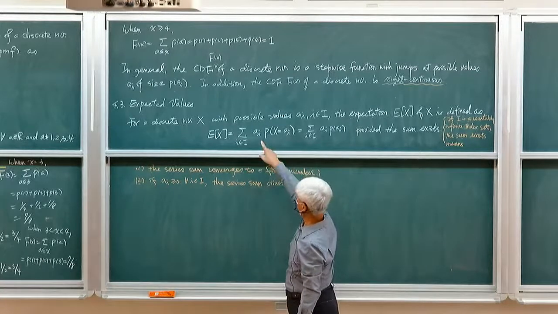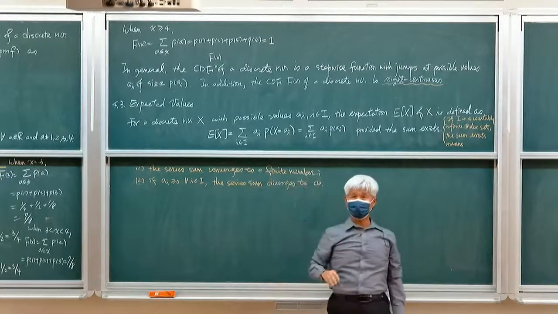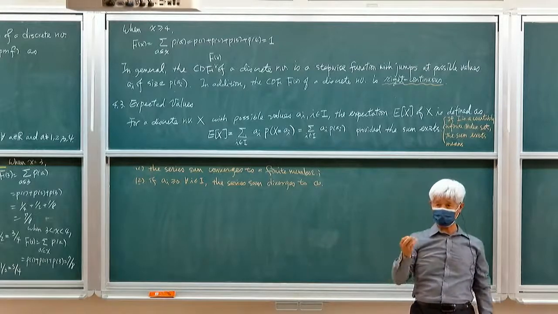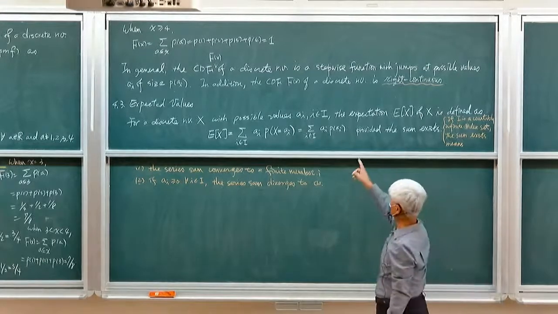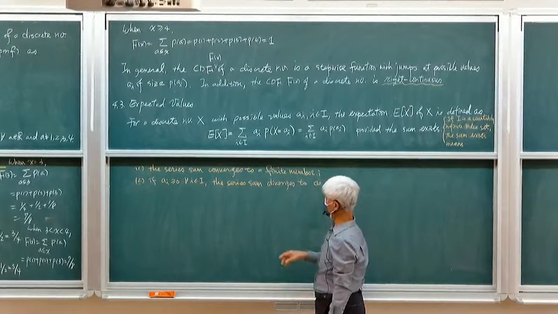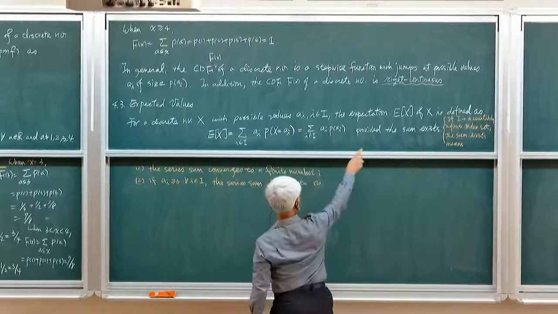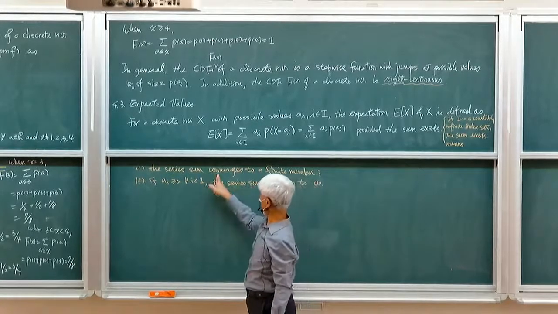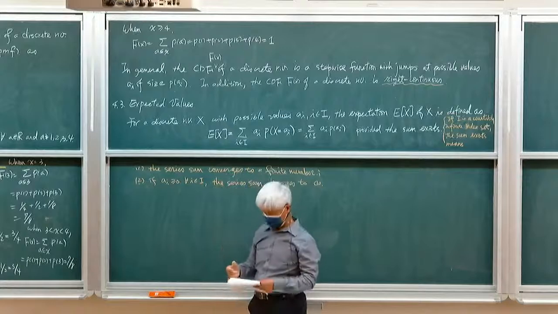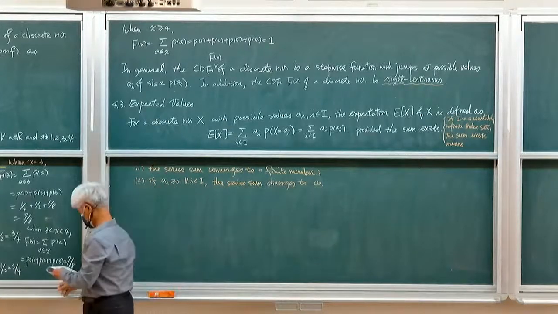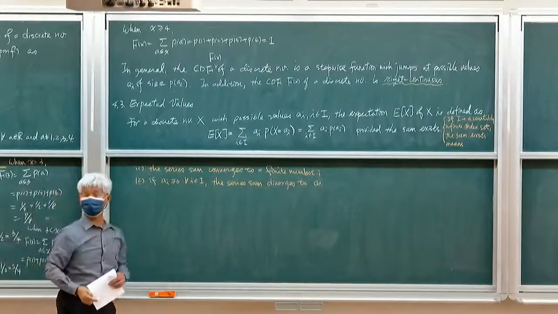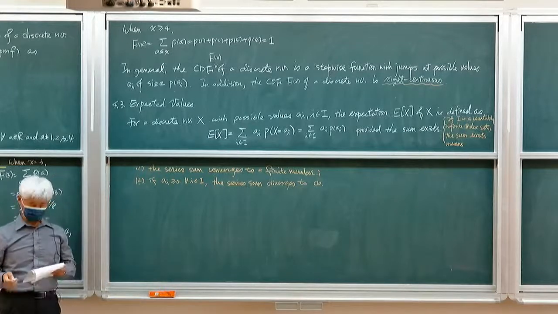But if a possible value can be positive, negative, or zero, then be careful: existence means that the series sum converges to a finite number. Any questions?